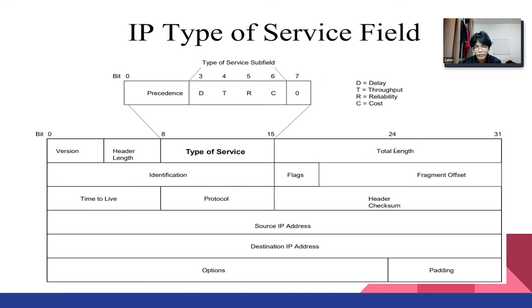And here we have flags, fragment offset, and header checksum. And below here, we have the source IP address, and then destination IP address. Below here is options and padding. So here is the IP type of service field.